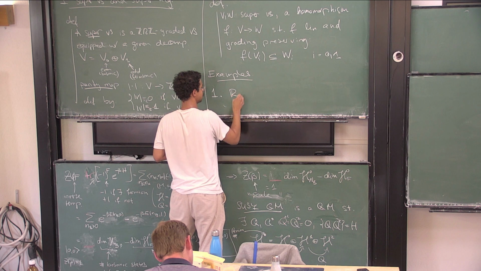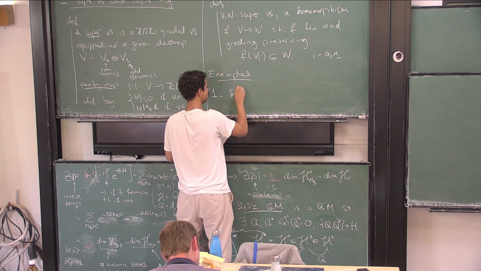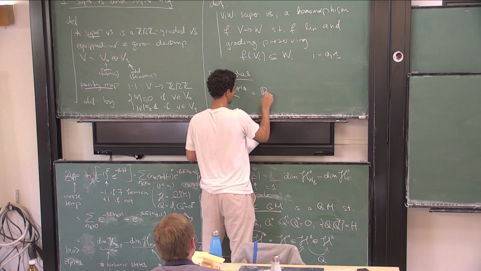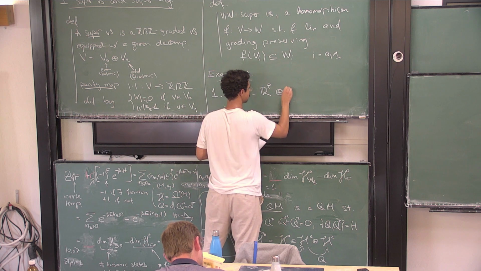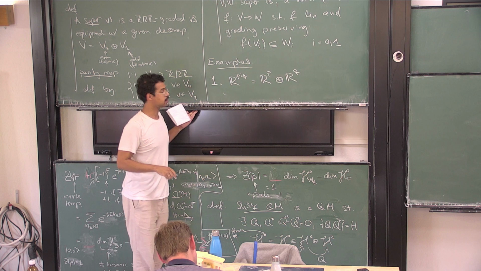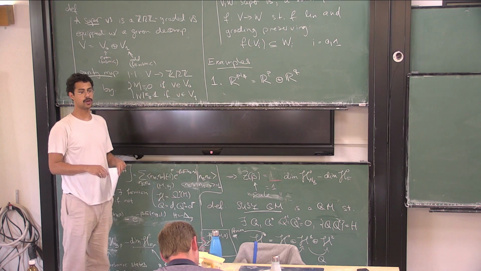The first example is R, which we will denote R^{p|q}. And this is just R^p plus R^q. Okay. So we just take two copies of R, we give this decomposition, and we just declare one of them to be odd.